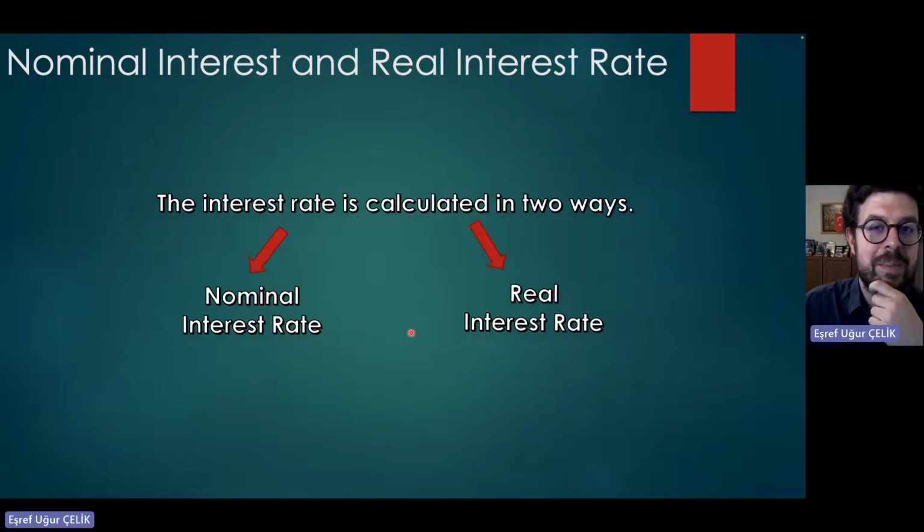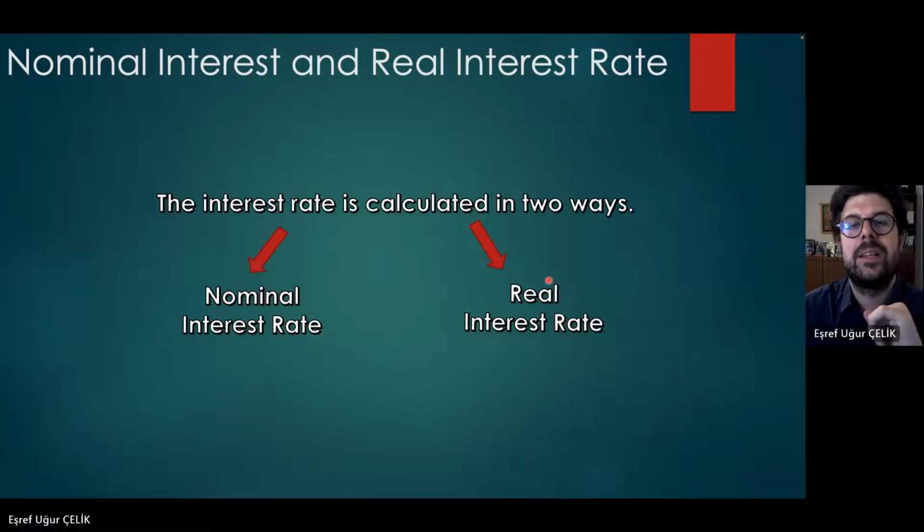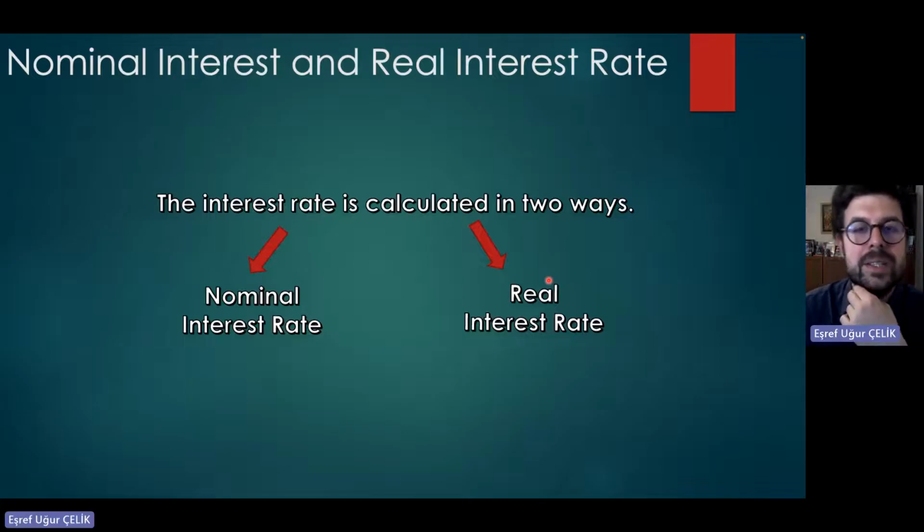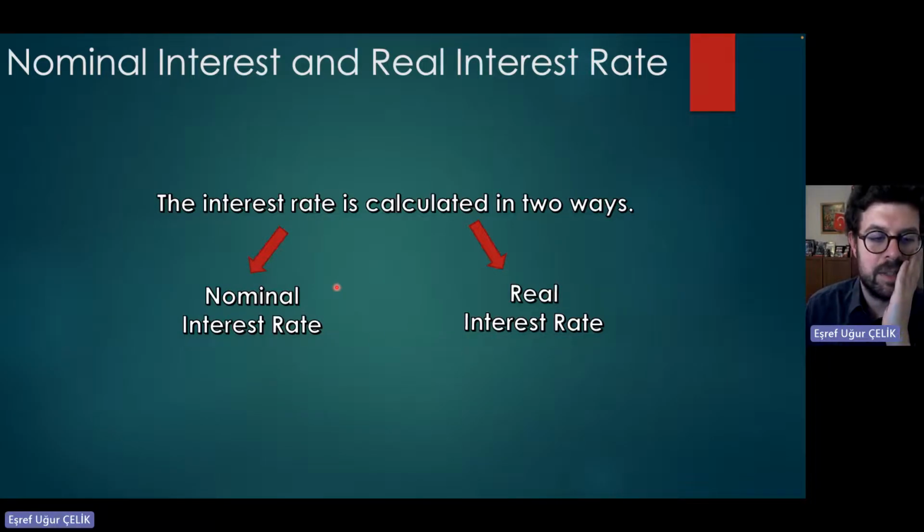In nominal GDP, we use the current price and current quantity. That cannot eliminate the price effect or inflation effect. But in real GDP, we fix the price by using the base year, and it can eliminate the price effect or inflation effect. So it looks the same, but let's look at the definition of the two.